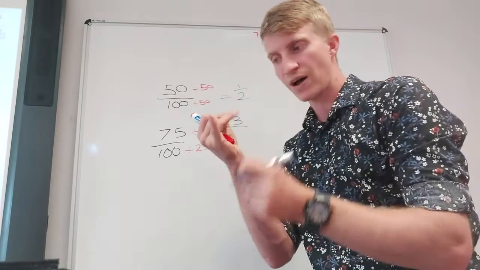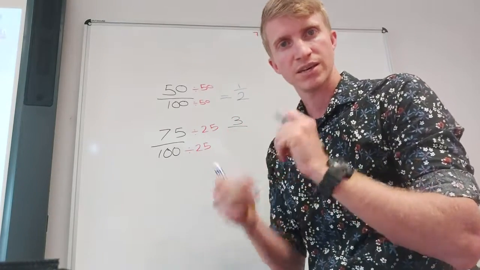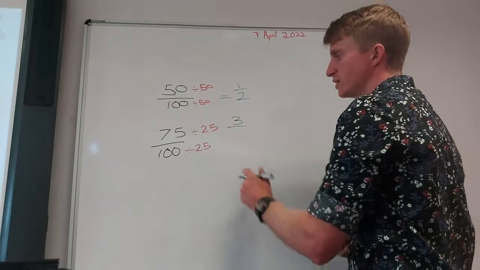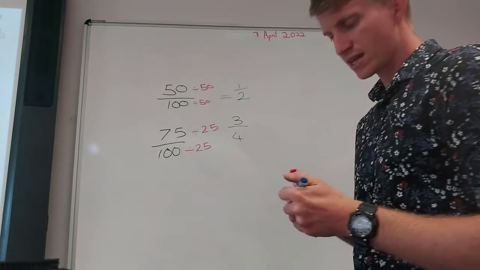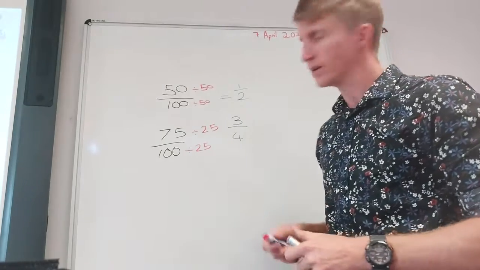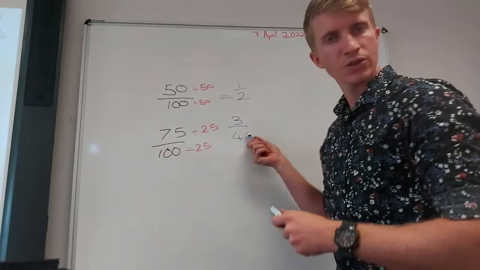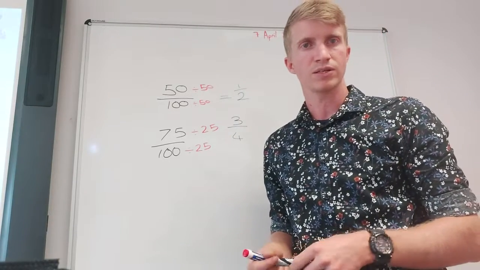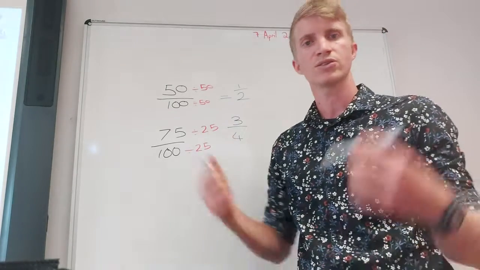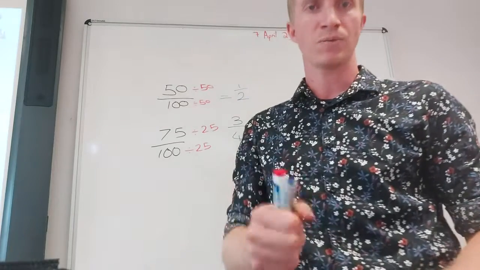We can go 25, 50, 75. 100 is 4. So 3 over 4. Is there anything that can go into both of those equally? 3 can go into 3, but 3 cannot go into 4. And nothing else is a factor of 3, so then I know I've got my simplest form there.